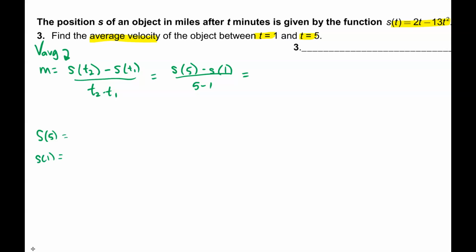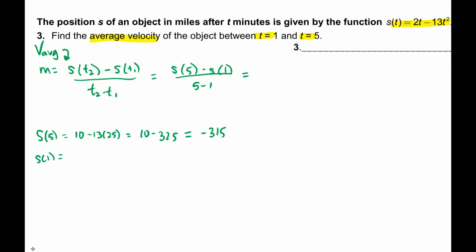So let's see, 5 times 2 is 10, minus 13 times 25. So if I have 13 quarters, that's going to be $3.25, so 10 minus 325 is negative 315.